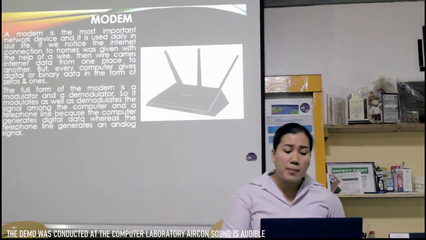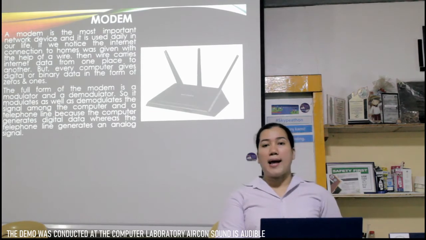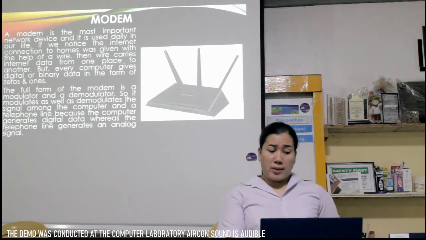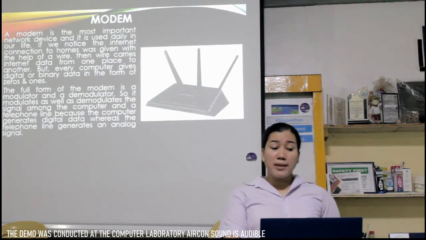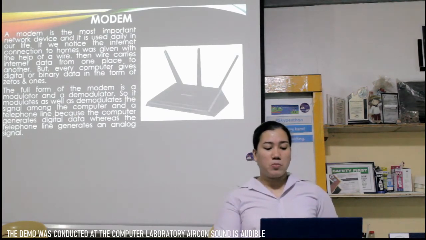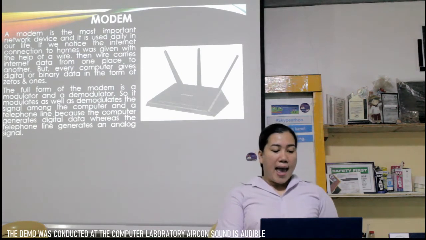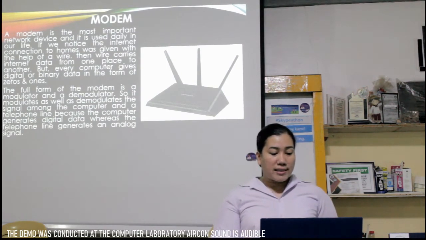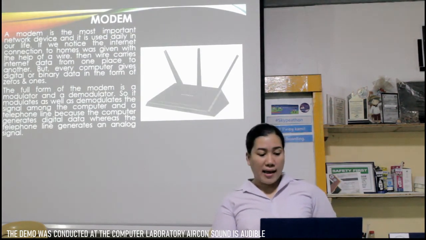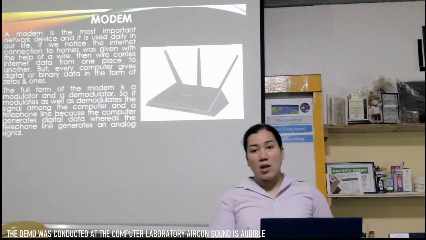The full form of modem is modulator and demodulator. It modulates as well as demodulates the signal between the computer and a telephone line, because the computer generates digital data, whereas telephone lines carry an analog signal.